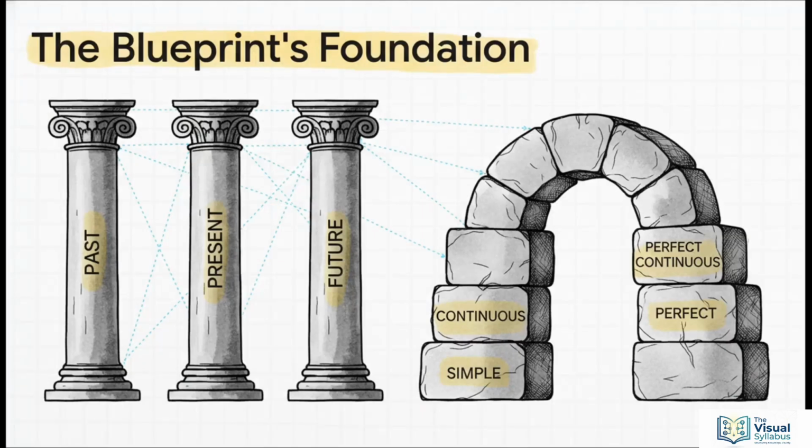The whole blueprint is built on two incredibly simple ideas. First, there are only 3 times something can happen: in the past, the present, or the future. Easy enough, right? And second, for each of those times, we can look at the action in one of 4 different ways, which we call aspects. Every single tense you've ever heard of is just a mix and match of one time and one aspect.